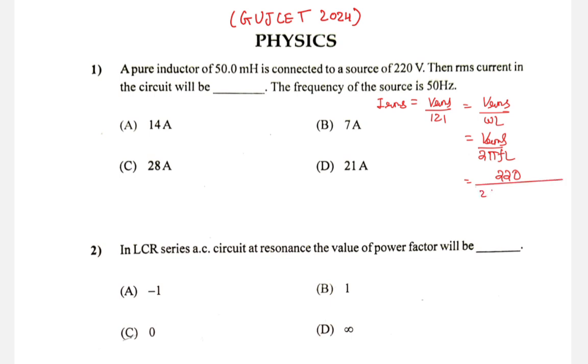Divide by 2 into pi into 50 Hz frequency into 50 into 10 to the power minus 3. So our answer will be 14 ampere, option A.